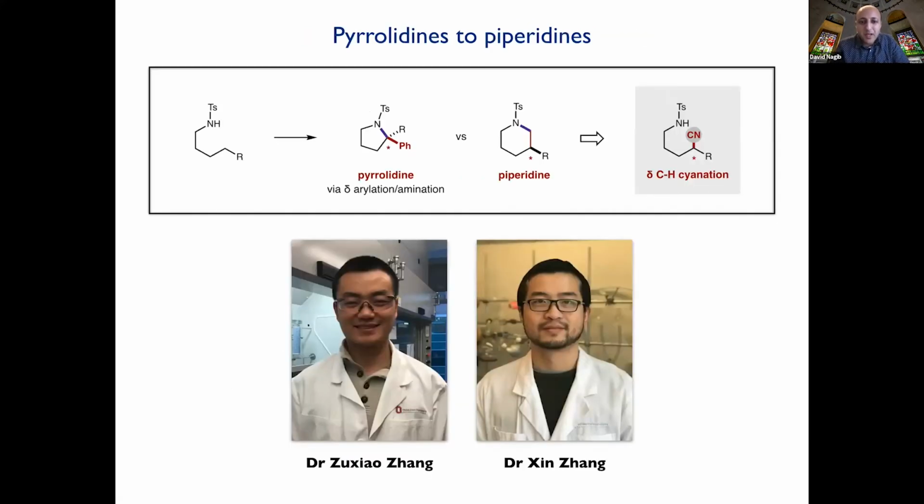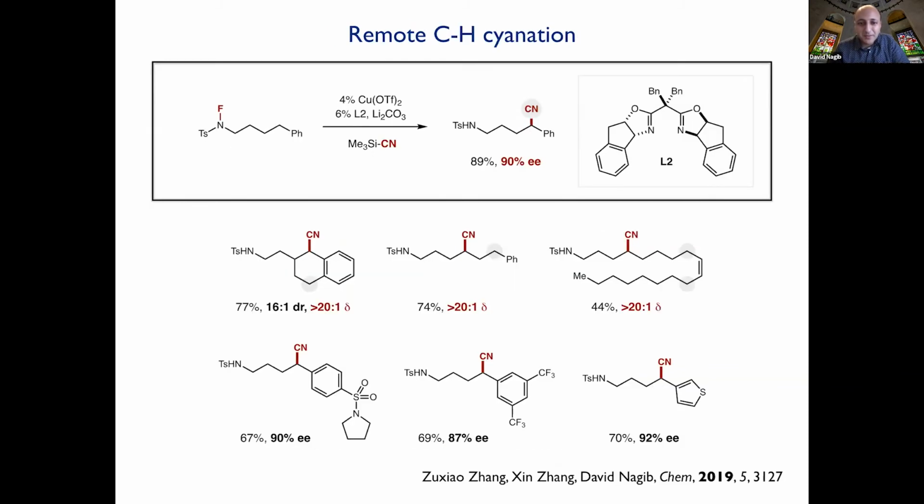So we thought about moving from pyrrolidines to piperidines, but I've already mentioned to you, and Zhu and Xin certainly realized this, that 1,5 HAT has a century of selectivity principles behind it. And so rather than try to go after a 1,6 HAT, what they decided instead was, let's add a cyano group. This can serve as a carbonyl precursor, putting that at the delta position and then cyclizing it down might access piperidines in a different fashion.